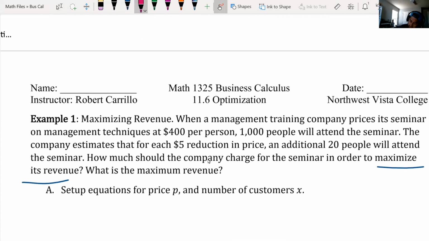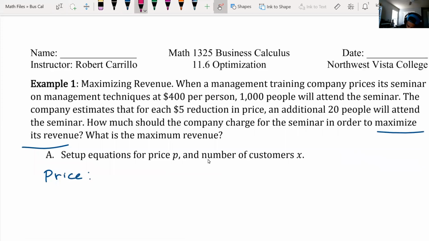So first, let's create an equation for price. Actually, we can do this together: price and the number of customers. It says if we have the seminar at $400 per person, 1,000 people will come. So if the price is $400, 1,000 people will come.